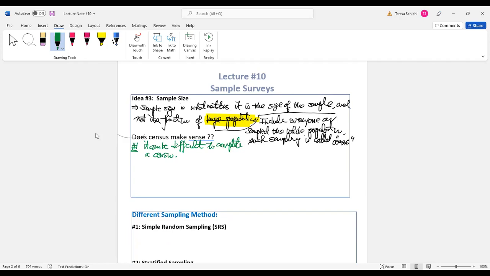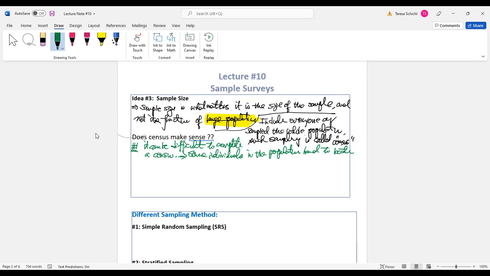It's very difficult to complete because, for example, some individuals in the population are hard to locate, so I don't know where to find them if you do a census.